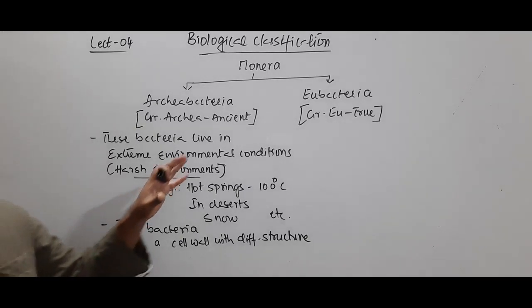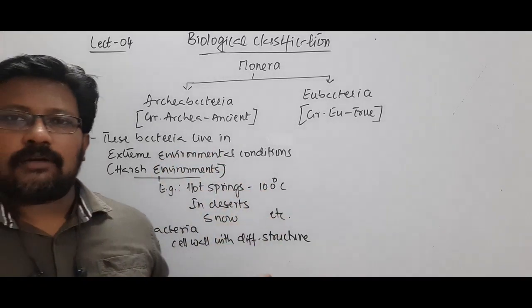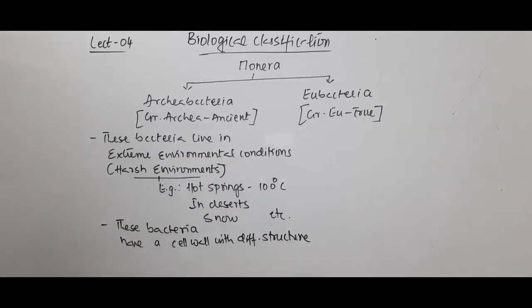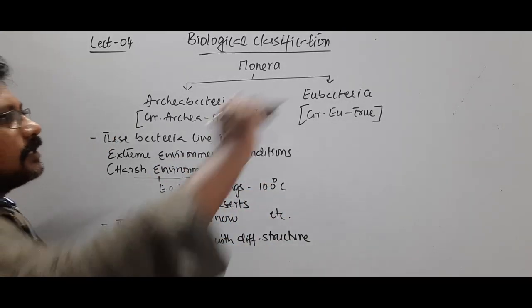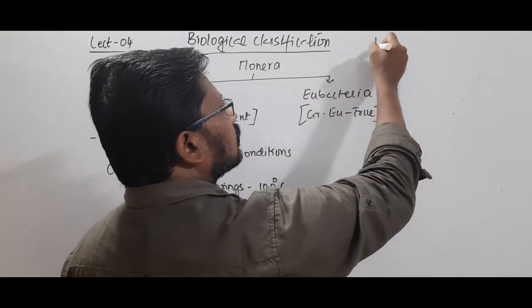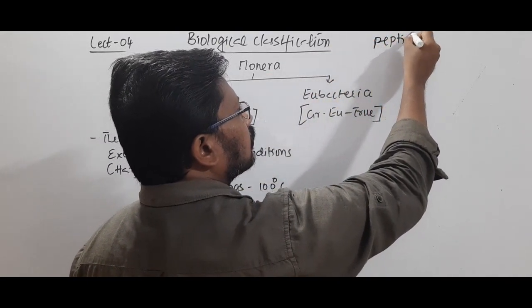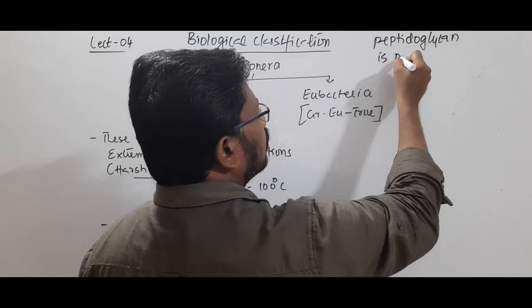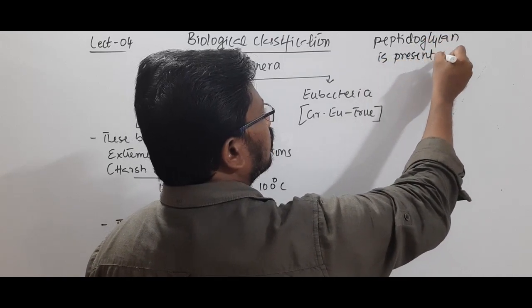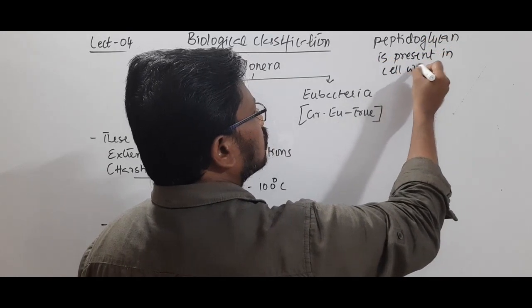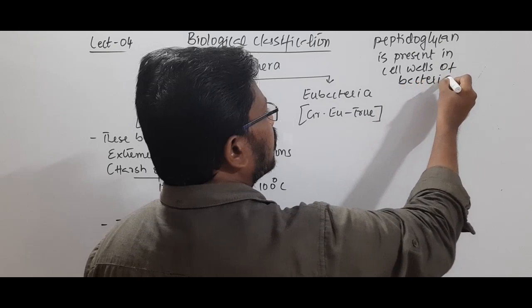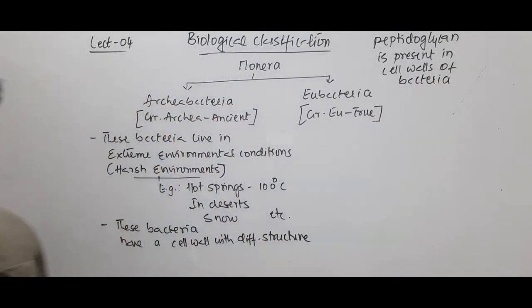Usually the bacterial cell wall will have a substance called peptidoglycan, which is present in the cell walls of bacteria, but the archaeobacteria don't have that peptidoglycan.